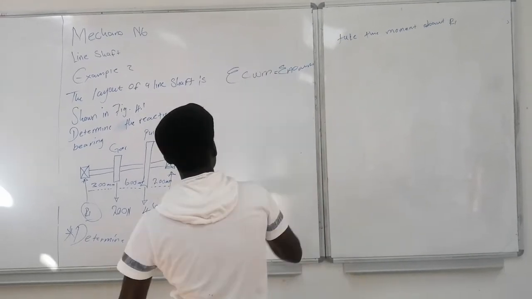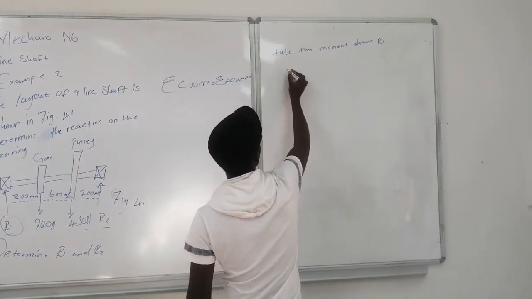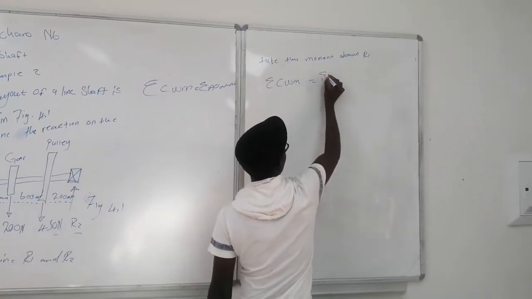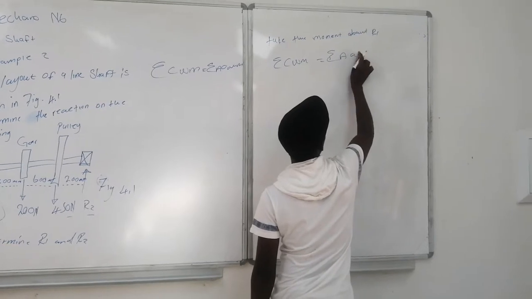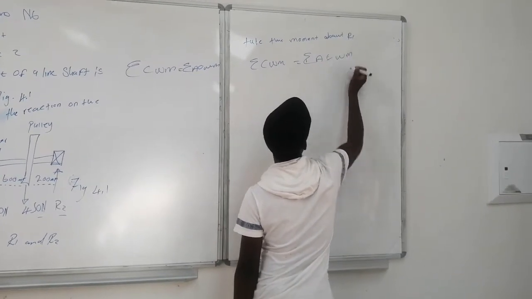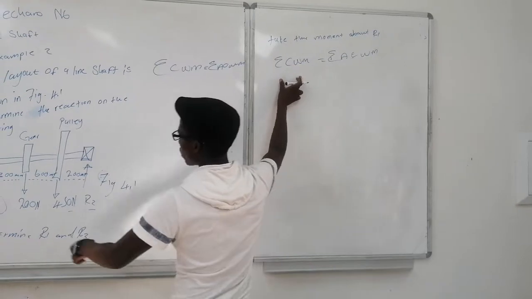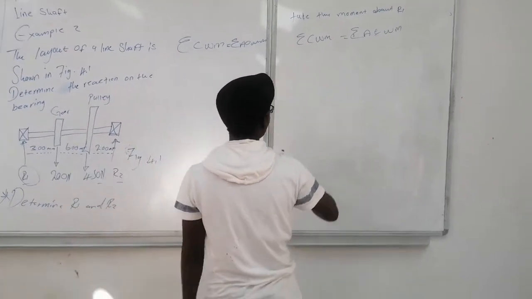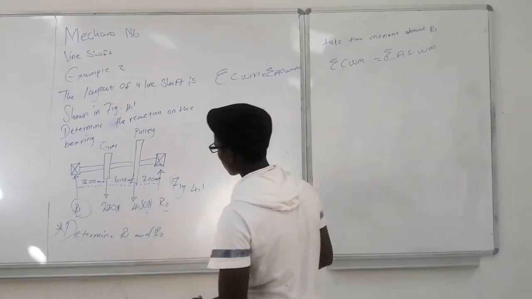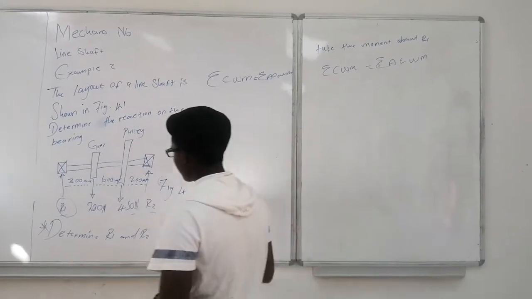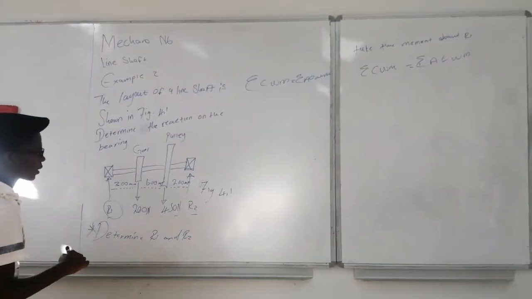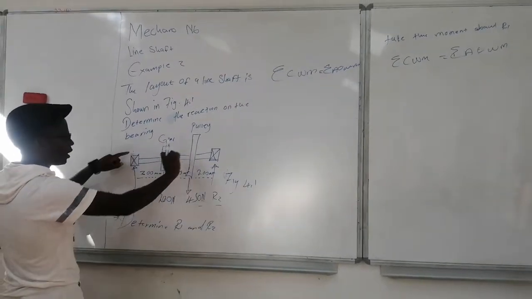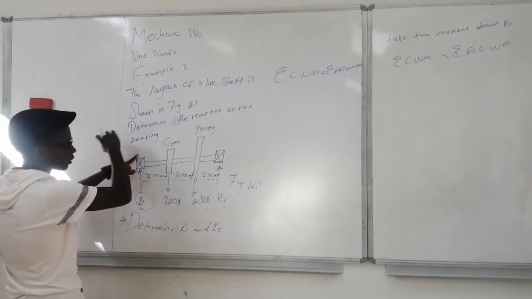Therefore, I can copy this: sum of clockwise moments equals sum of anti-clockwise moments. Alright, here I'm going to put the forces that are going to rotate in clockwise and the forces that are going to rotate in anti-clockwise. When we talk about clockwise and anti-clockwise, when these forces take moment about this point, they must rotate.